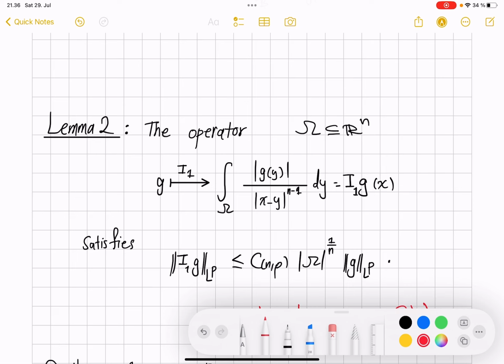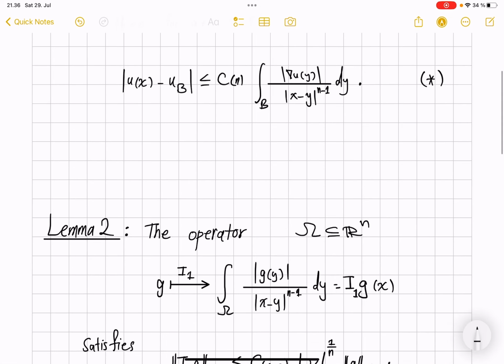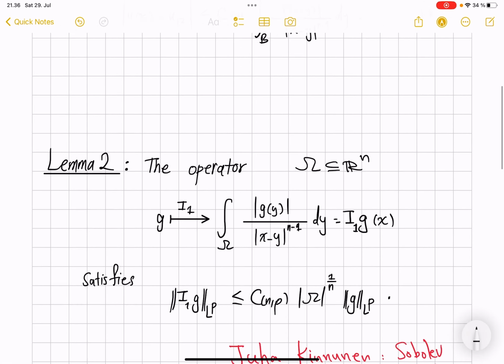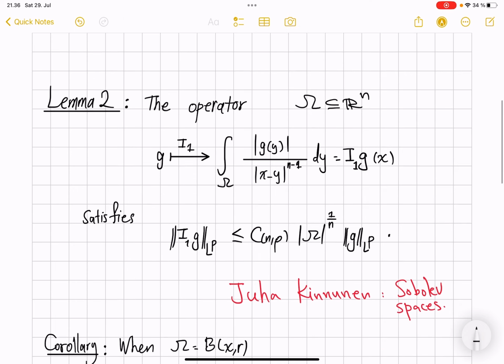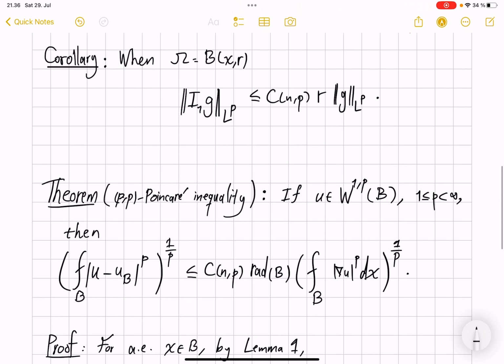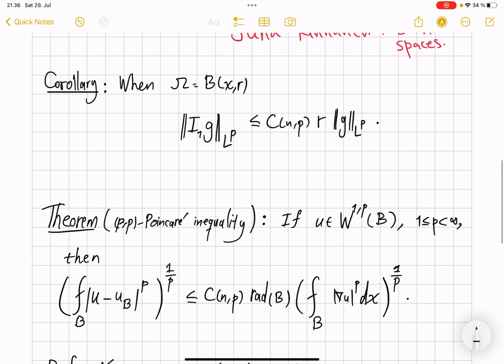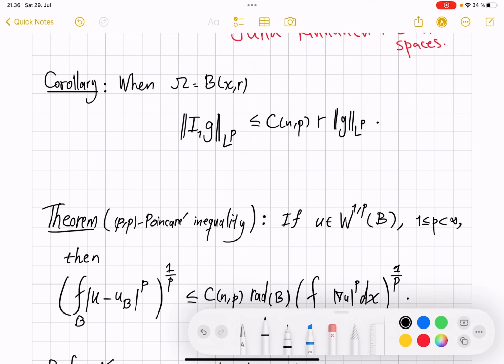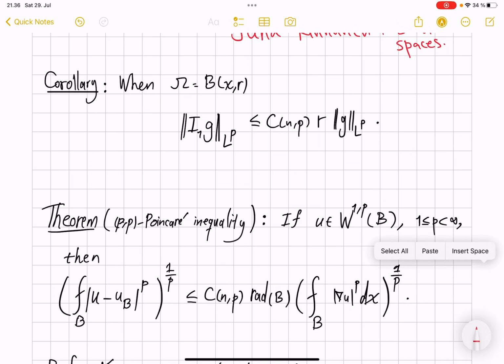Anyway, once you have this pointwise estimate star and this boundedness, you can easily obtain a proof of the so-called (p,p) Poincaré inequality. The (p,p) Poincaré inequality says that you take the p-norm of the oscillations, and it is bounded by the p-norm of the gradient.